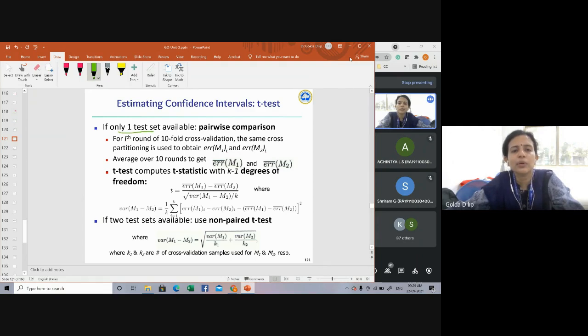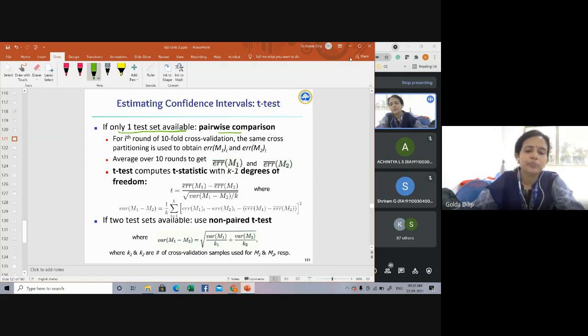Only one test set is available, so we do a pairwise comparison of the two models.